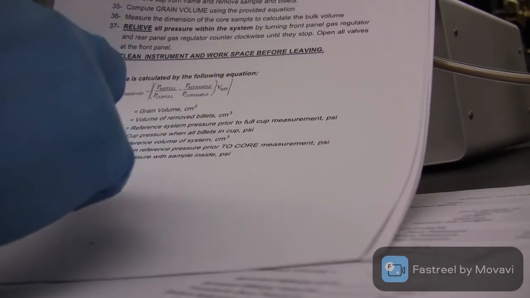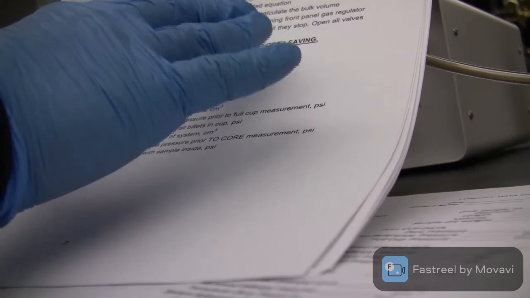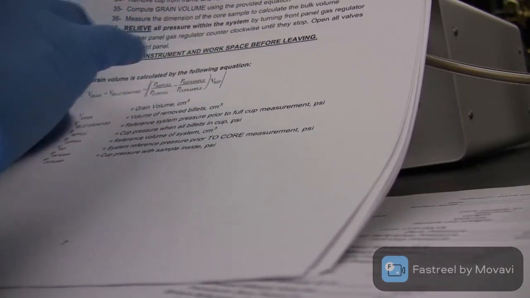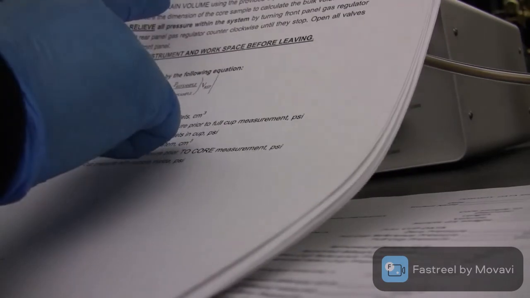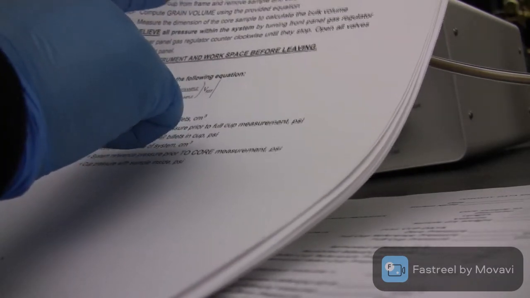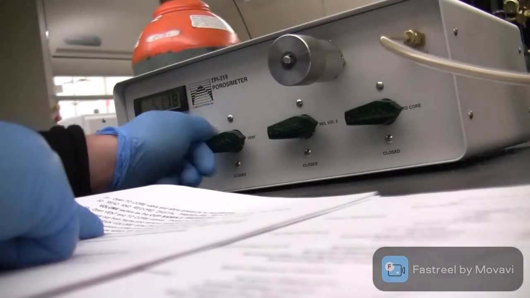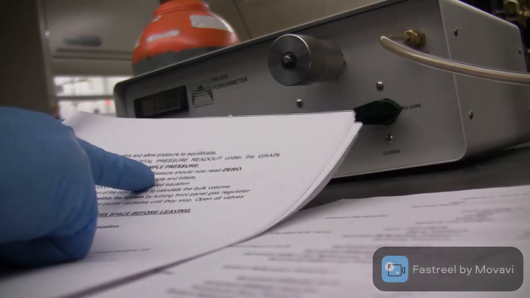Anyway, now we just need to shut down the system, take out our core, and return the system into the state it was before we began the experiment. In order to do that, we need to open the vent and two core valves. The core valve is already open, so pressure reading is 0.